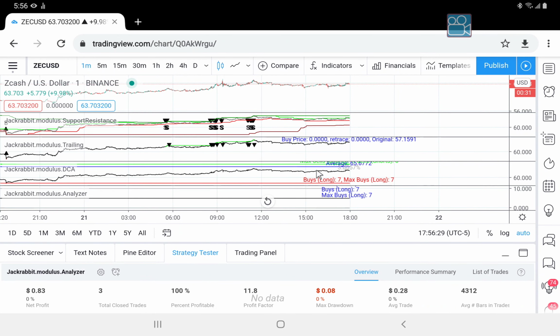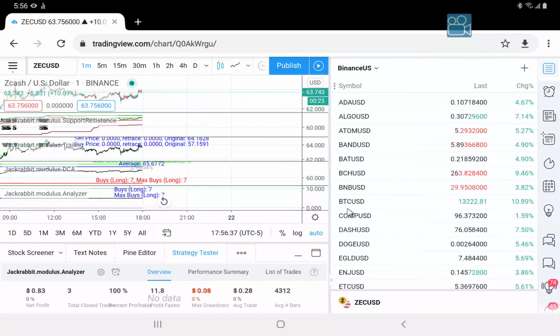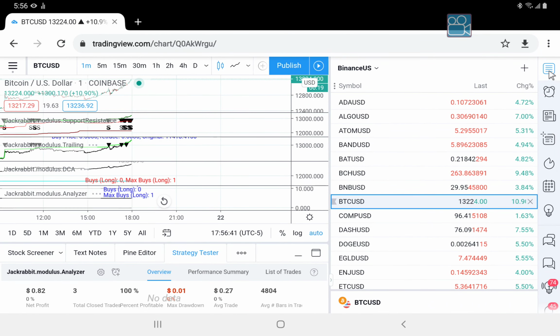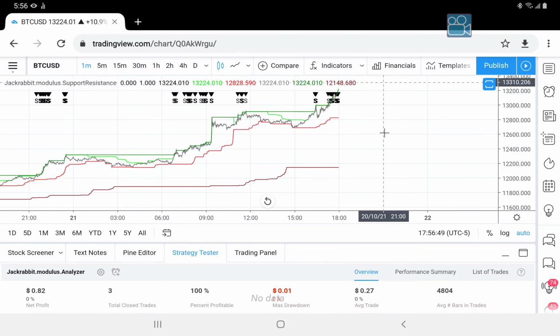As you can see, it does very well, even on coins that are typically difficult. Support and resistance on Bitcoin. Let's see what it looks like.